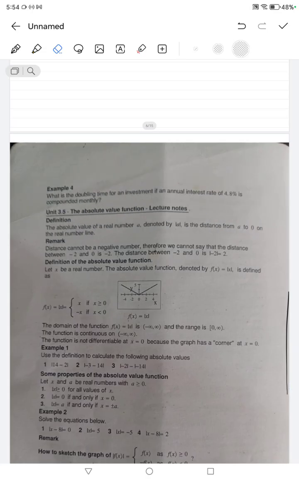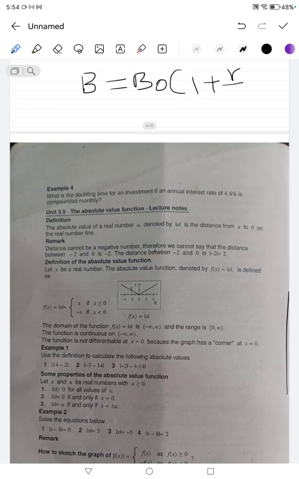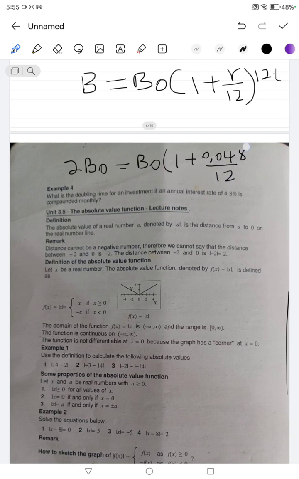So it now means you're going to be considering what you have. Your B would be equal to your B0 times 1 plus your R over 12, to the 12t. Then what are you going to have? You have 2 B0 equals B0 times 1 plus 0.048 over 12, to the 12t.